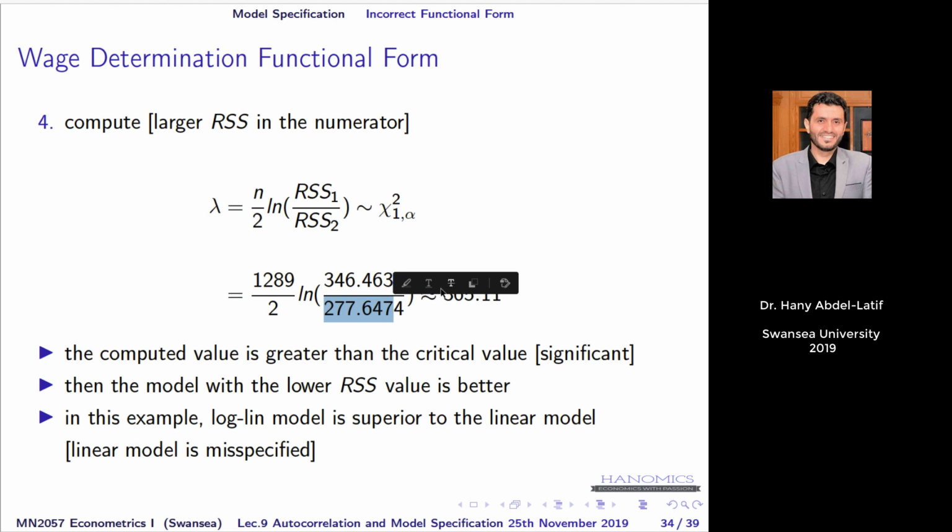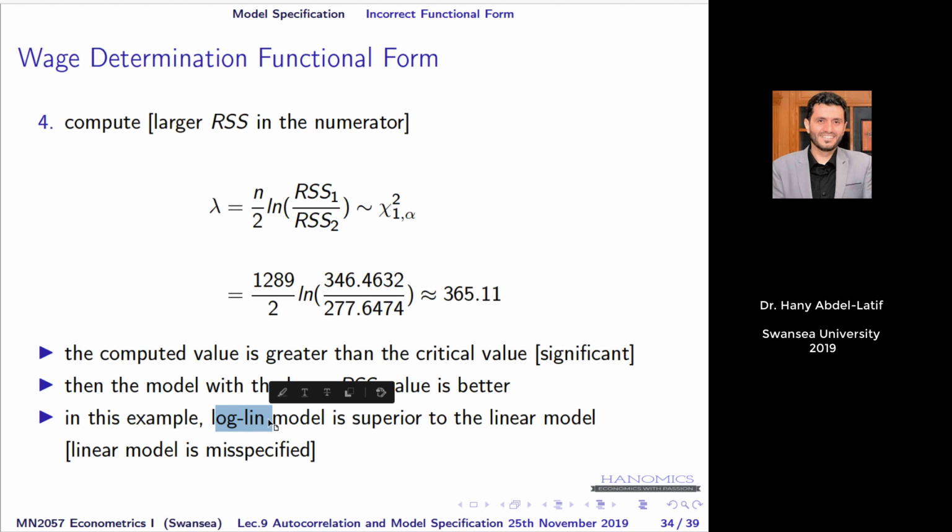Once you get the test statistic, you have the computed value, which is very, very high. 365 is very large, so that means it is significant, which means the one with lower RSS is the better, and in that case it is the log-lin.